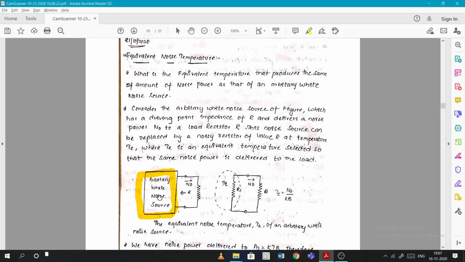I want to represent this device in the form of a resistor having some temperature. These two are equivalent representations. As this resistor is a fixed value, we want to know how much temperature applied to this resistor gives the same amount of noise that occurs here.